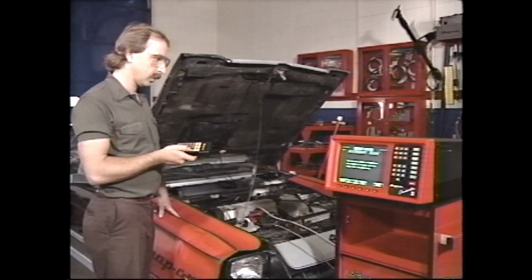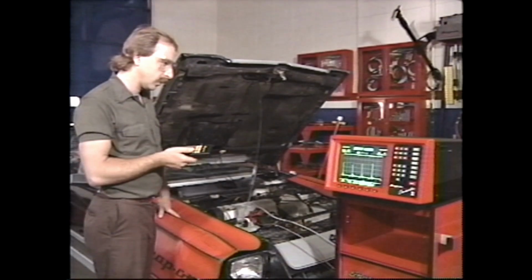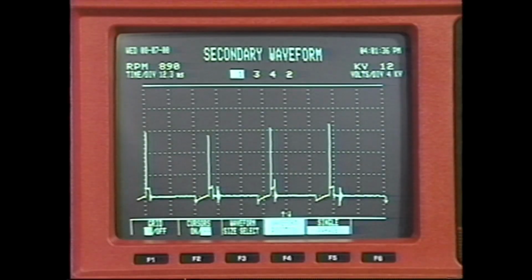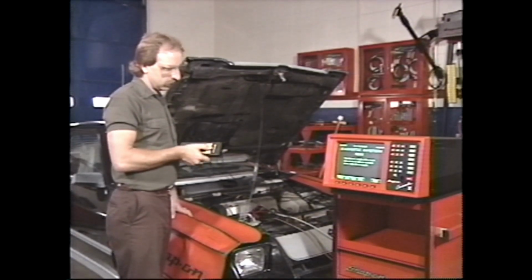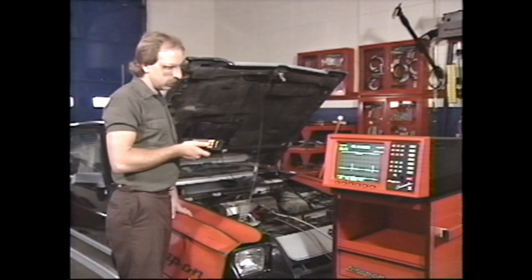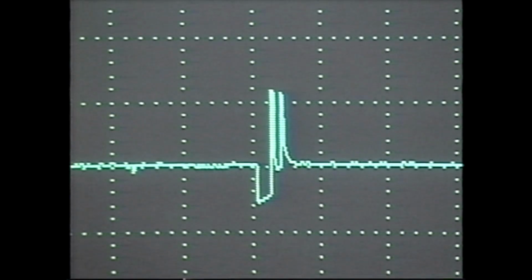Next, use the secondary waveform for a quick check of the ignition system. Many ignition problems will show up here. Then, use the fuel injector waveform to check fuel system control. At this point, you may need to bring in auxiliary equipment or tools to analyze the fuel system completely or investigate mechanical problems.